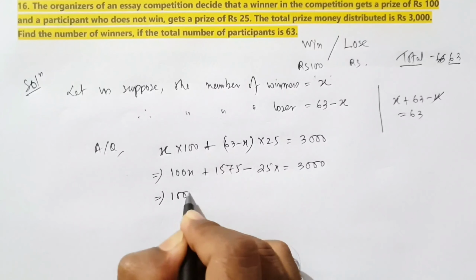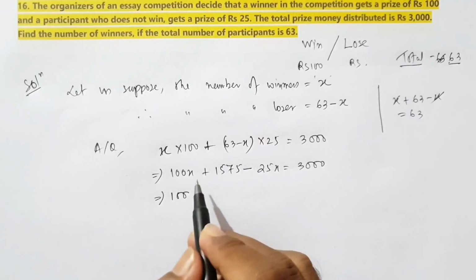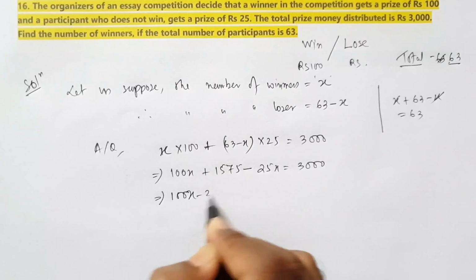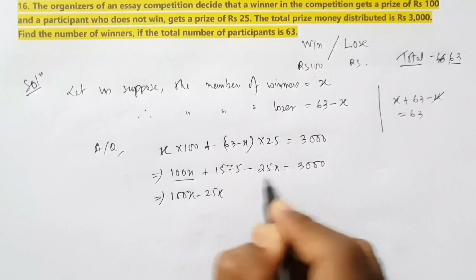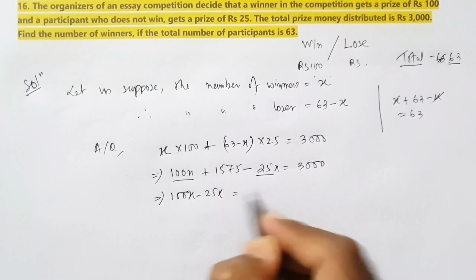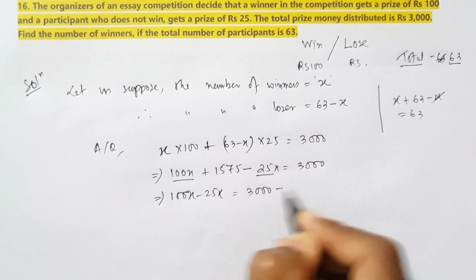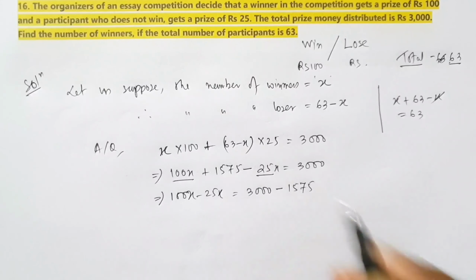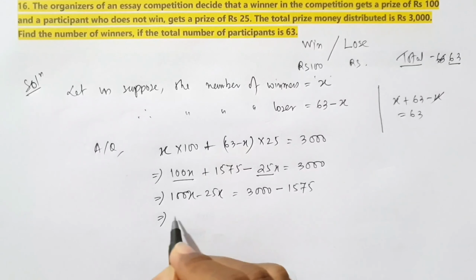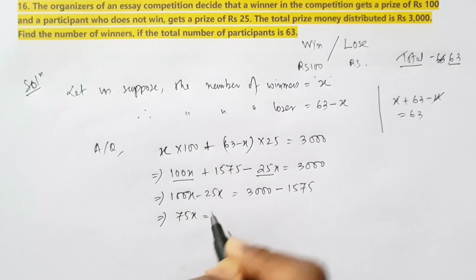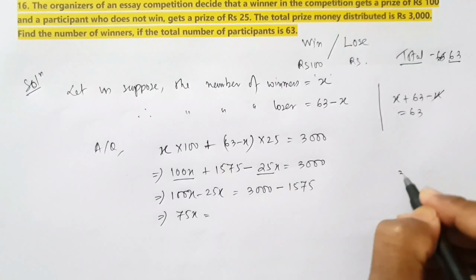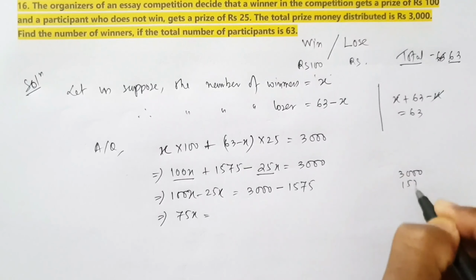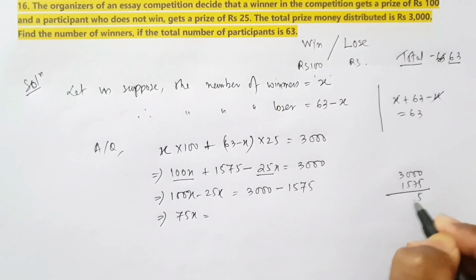So 100x, and here 100x minus 25x, that is the variable we'll keep on the left side and we'll take the constant to the right side. 3000 minus 1575. So 100x minus 25x is 75x, and if we subtract 3000 minus 1575, we get 1425.